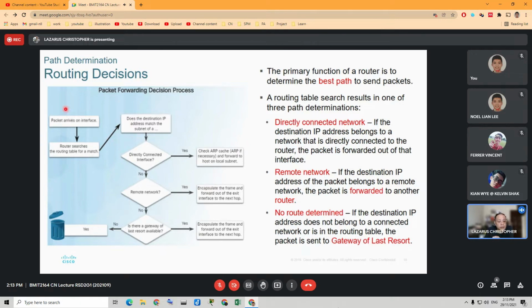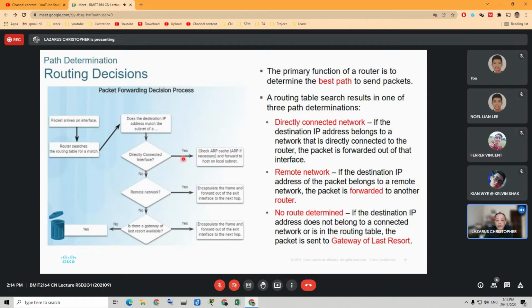Let's look at this first, the kind of state or process that happens. A packet arrives on an interface. The router searches the routing table for a match. Does the destination IP address match the subnet of a directly connected interface? First, it checks directly connected interfaces.